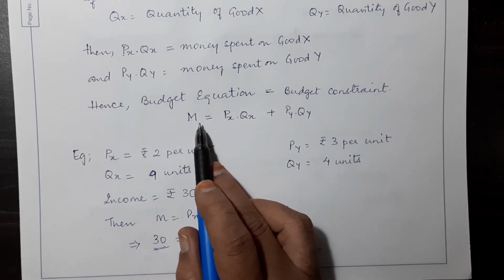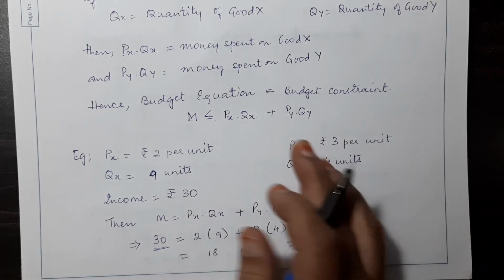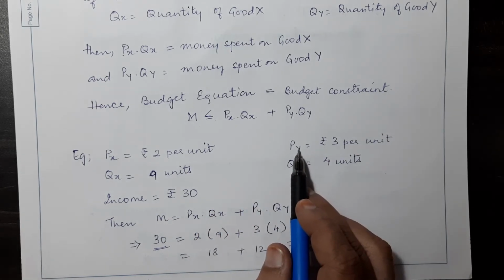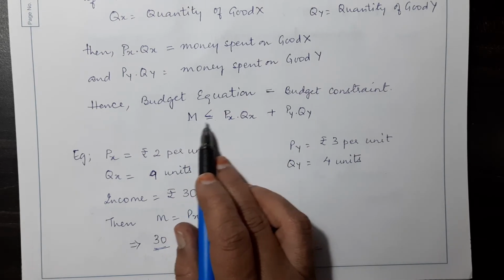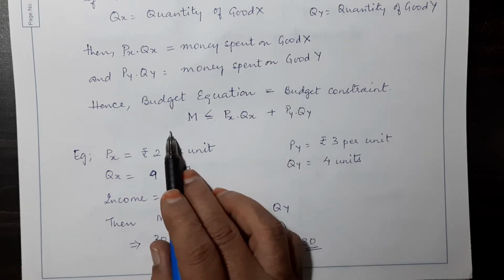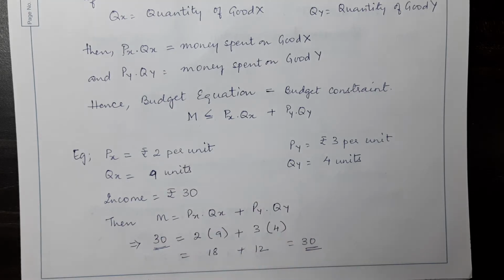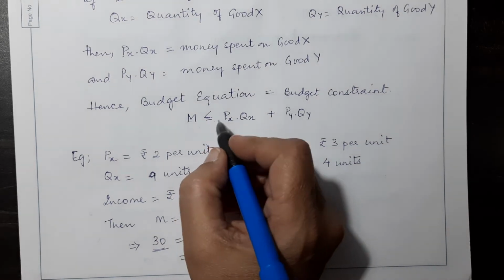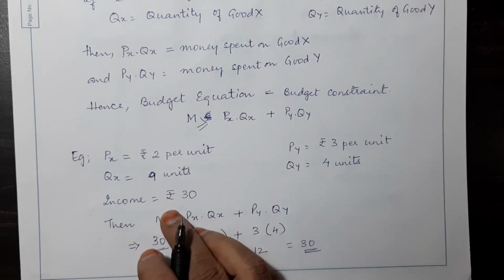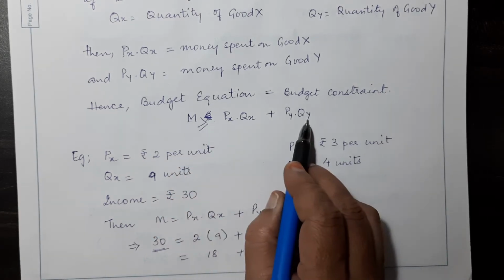This can be that the budget will be less than or equal to the sum of the price and quantity consumed of good X and good Y. If the consumption is more than the budget, do you think it's possible to consume goods X and Y? No. Sorry, I think the symbol is wrong. It should be that the budget should always be greater than, isn't it? The money we have in our hand should always be greater than what we spend.